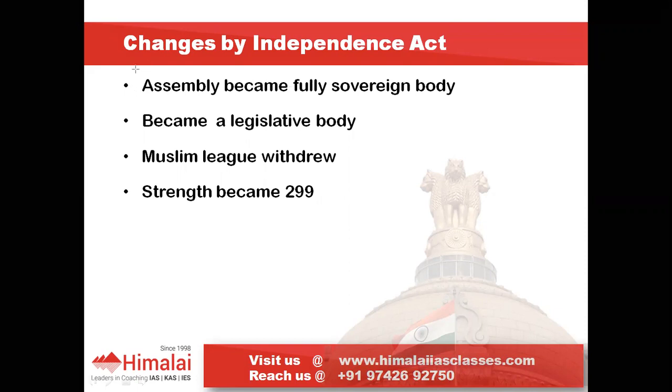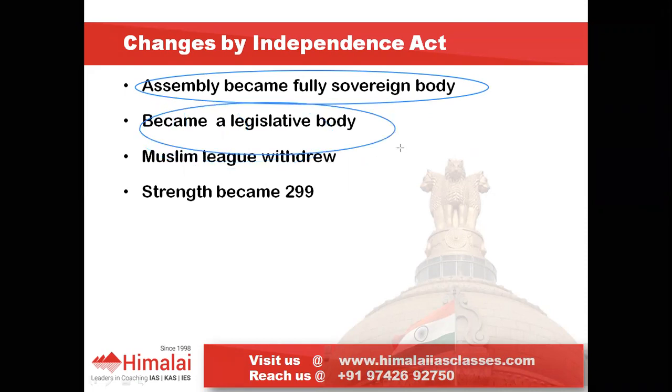Let us see those. Once the Indian Independence Act was passed, the Constituent Assembly became a fully sovereign body. So even the Britishers or anybody else for that matter had no control or superior say in the matters or decisions of the Constituent Assembly.